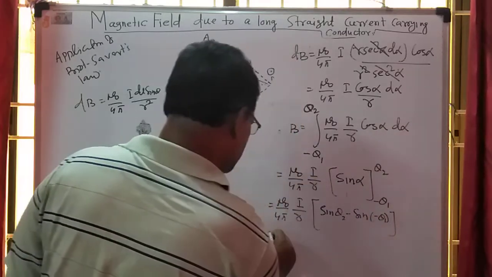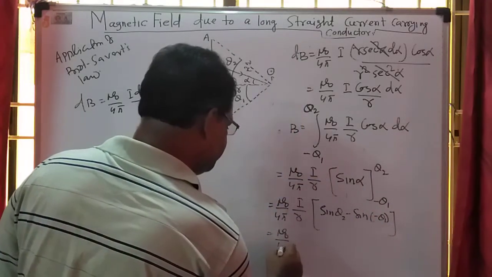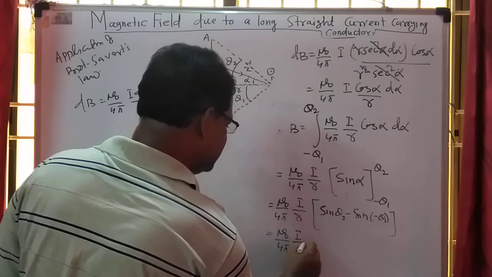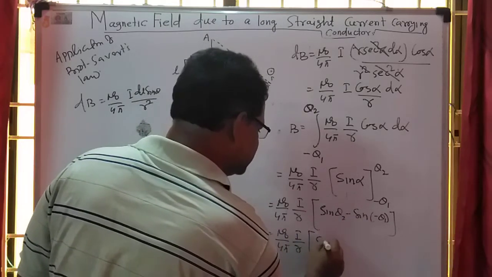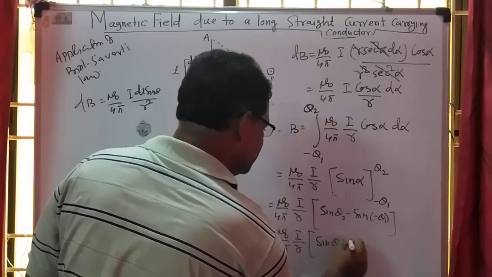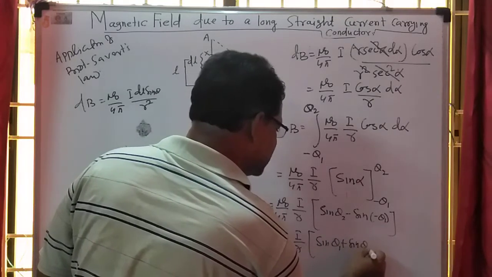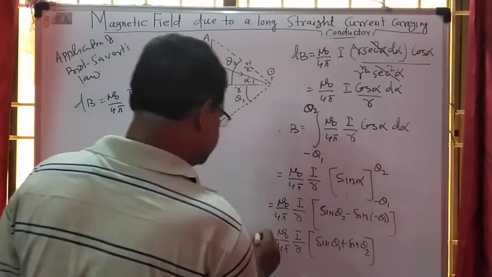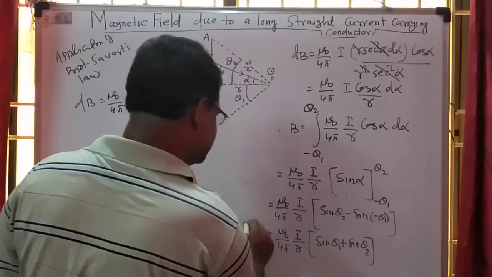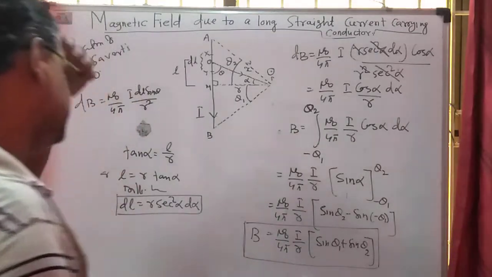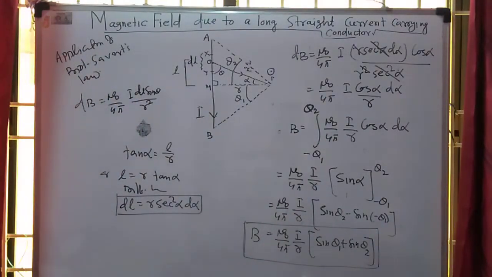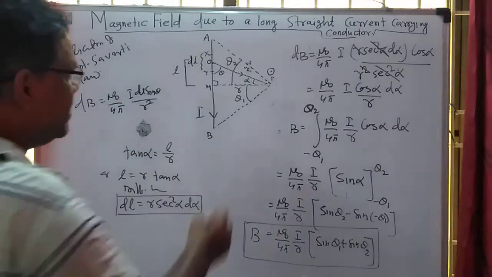So this will be equal to mu naught upon 4 pi I upon r into sin theta 1 plus sin theta 2. This is the required expression for the magnetic induction at point P due to a long straight current carrying conductor.